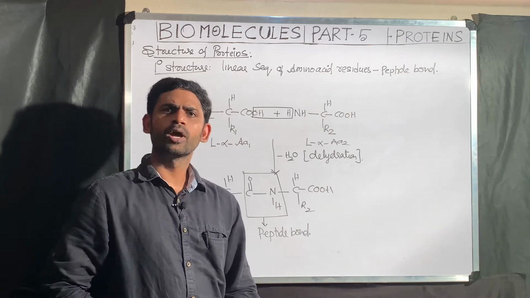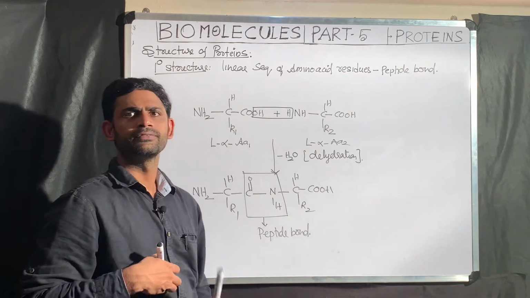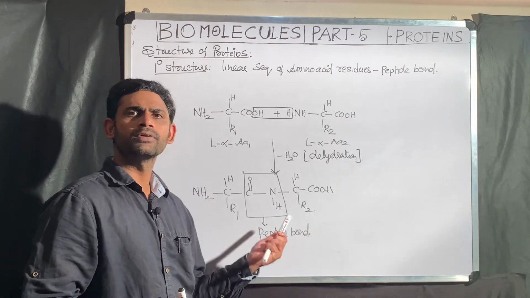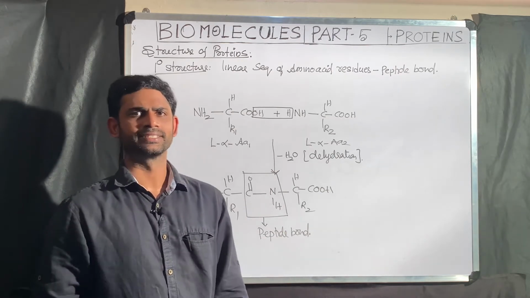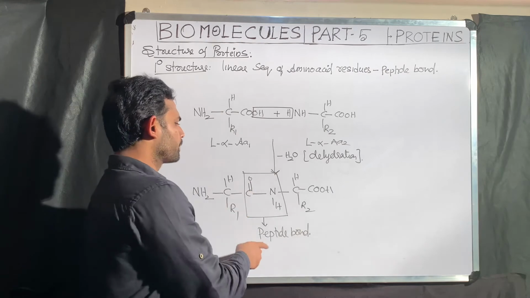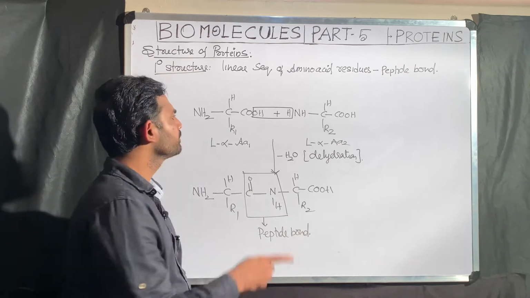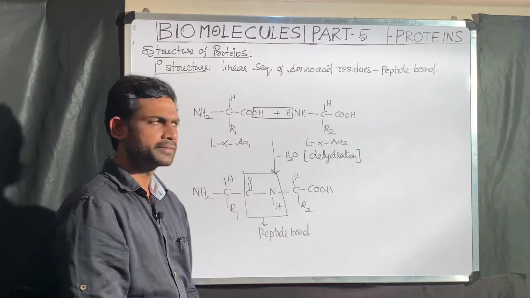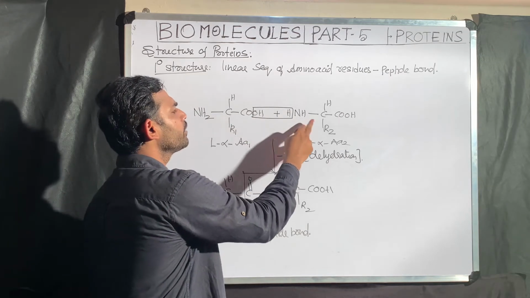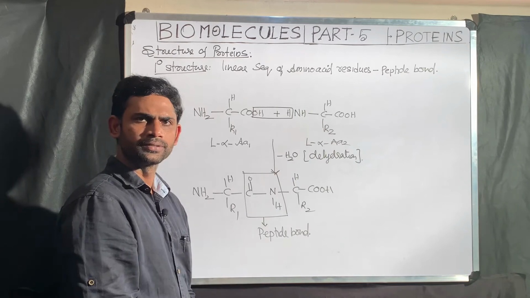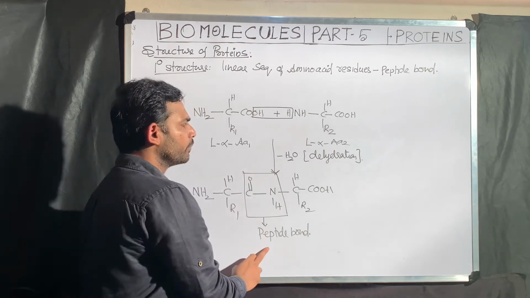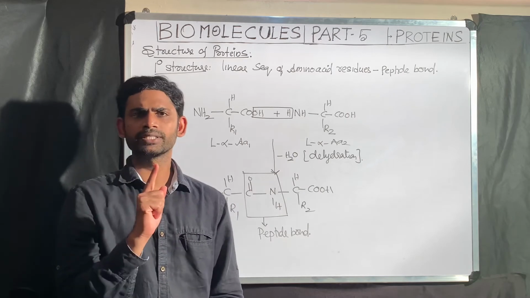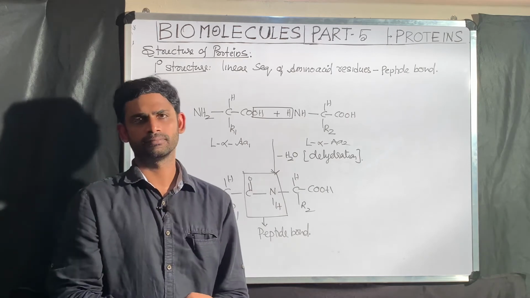Now I will explain point by point. First, one more time I will explain the formation of the peptide bond. Listen carefully. This peptide bond is formed when the carboxyl group of the first amino acid reacts with the amino group of the second amino acid, with the release of water. So the definition of the peptide bond you should remember.